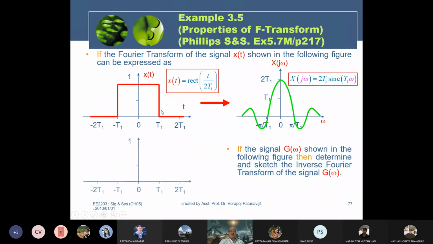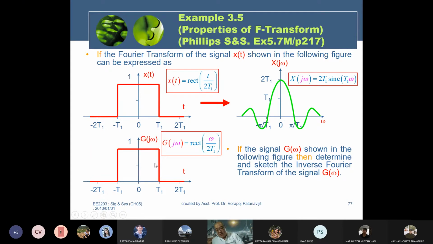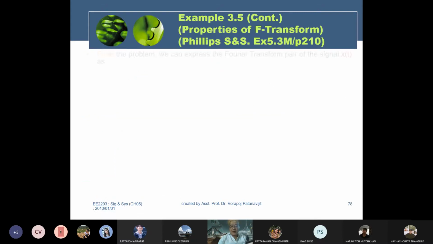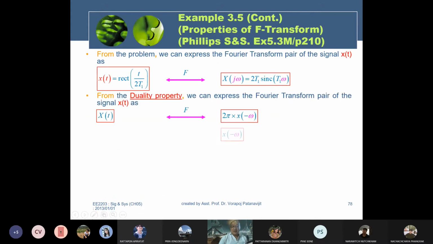If we have x(t), the Fourier transform of x(t) gives you the sinc function. But in this case, if the Fourier transform of this signal is a rectangle, it means the signal in time will be the sinc function instead.